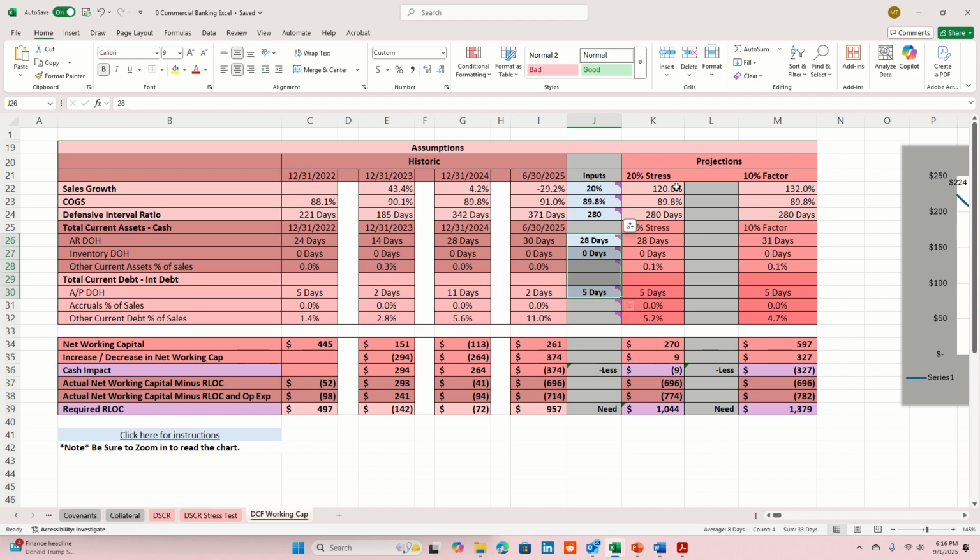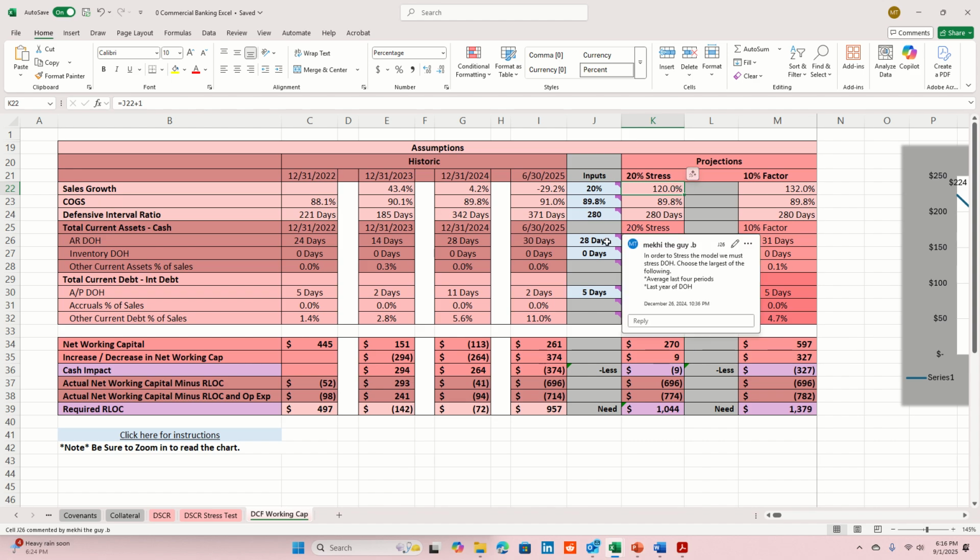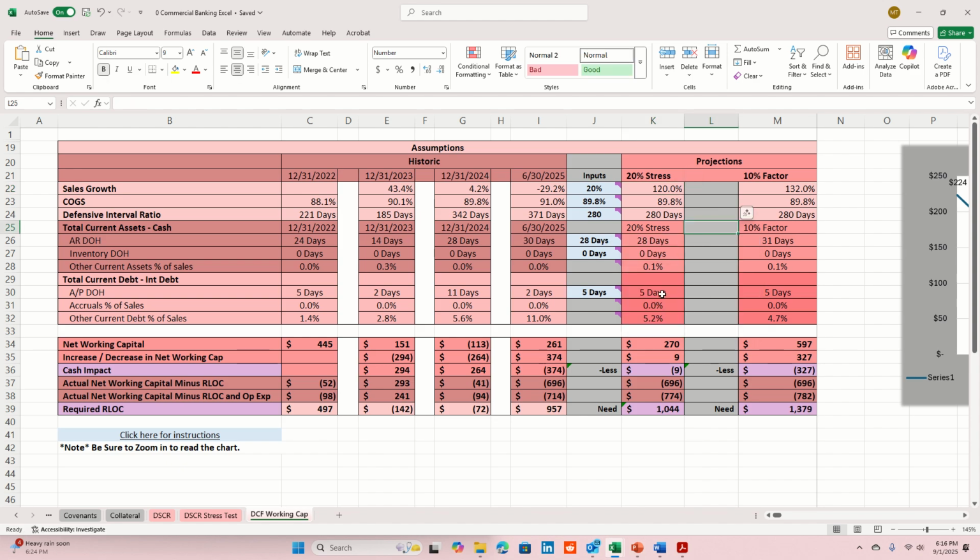So if sales go up, and we use the days on hand equation and rework that, then we can calculate the total receivables we'll have. And if we calculate that, we end up with a net working capital.